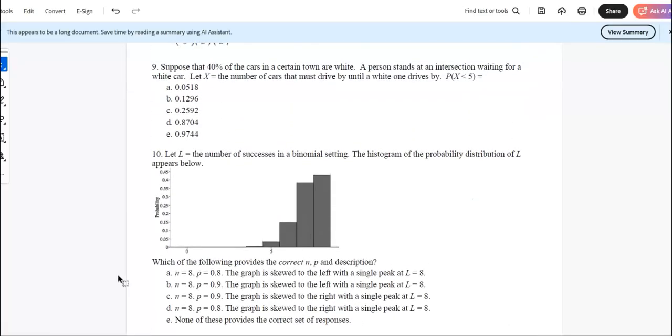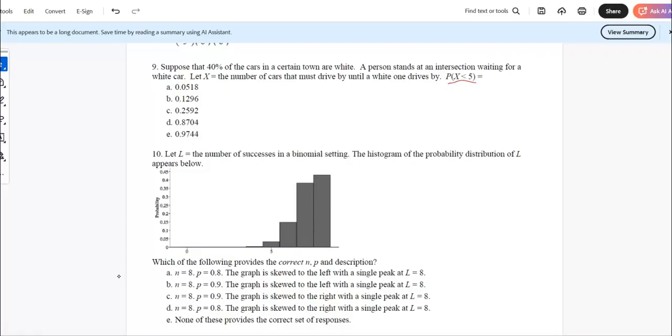Number 9. Suppose that 40% of cars in a certain town are white. A person stands at the intersection waiting for a white car. Let x equal the number of cars it must drive by until a white one drives by. So this sounds like geometric, right? Until the first white one drives by. And so they even nicely told us less than 5.